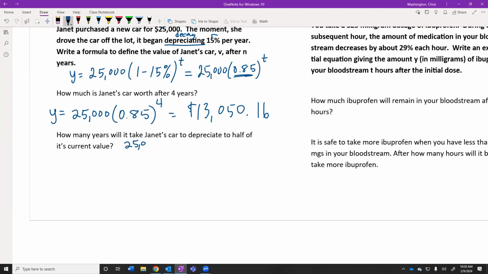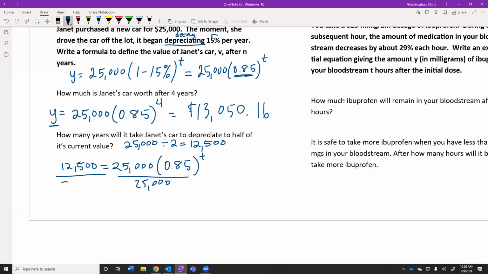So we can do 25,000 divided by 2 in the calculator. That is 12,500. And that's going to be the y value this time. So 12,500 is equal to 25,000 times 0.85 raised to the t. We're going to divide both sides by 25,000. You can type the 12,500 divided by 25,000 in the calculator.